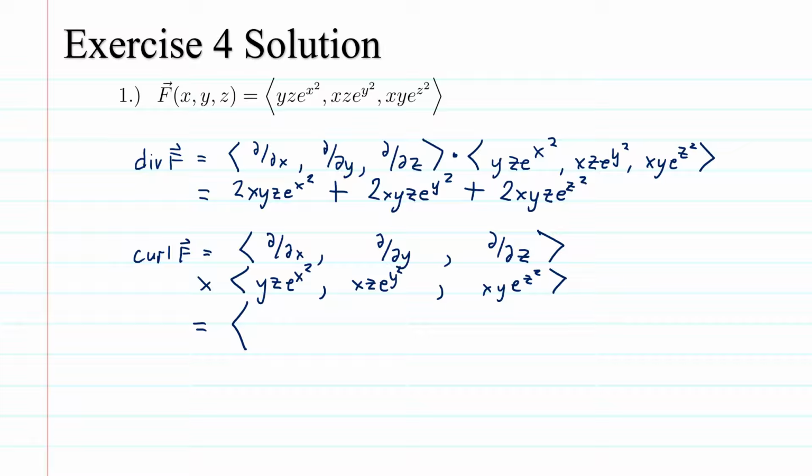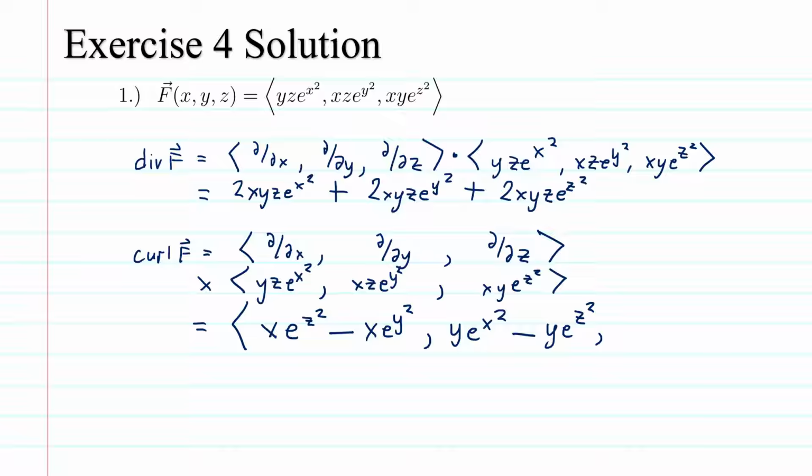So that is x e to the z squared minus x e raised to y squared. Next, the second component of the curl is the partial with respect to z minus the partial with respect to x. So that is y e raised to x squared minus y e to the z squared.